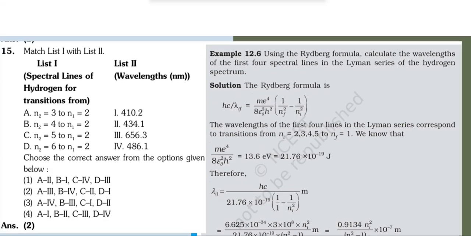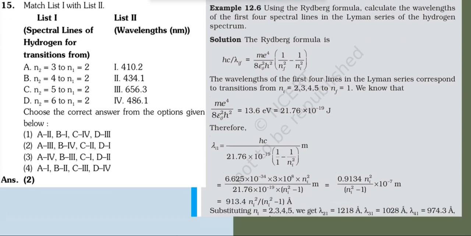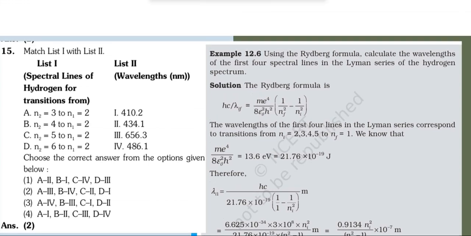Now look at this. See, they are asking us to match this Lyman series from this options. This example in NCERT is based on Lyman series, but in exam they gave with Balmer series, because all the initial states they are closing at second level, so that the same formula what we can use, but here we will get 2 square instead of 1 square.